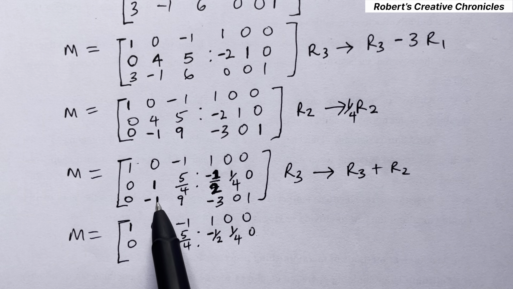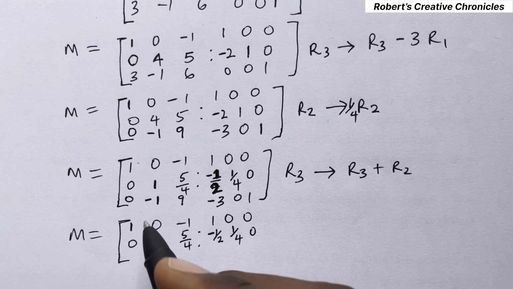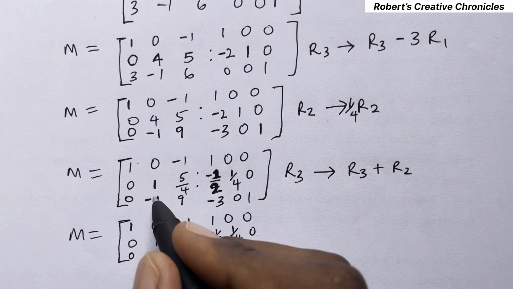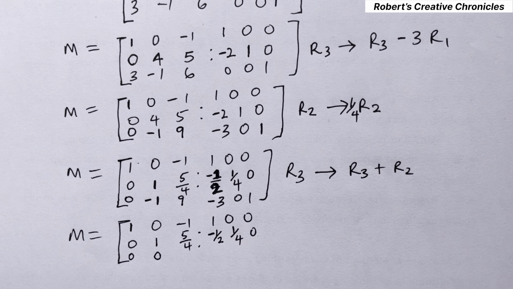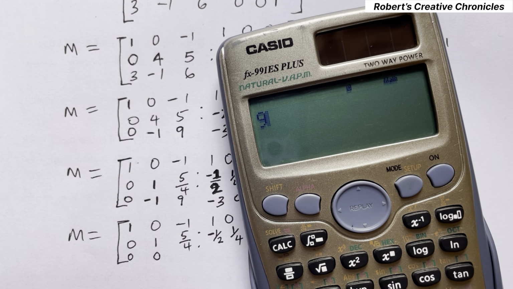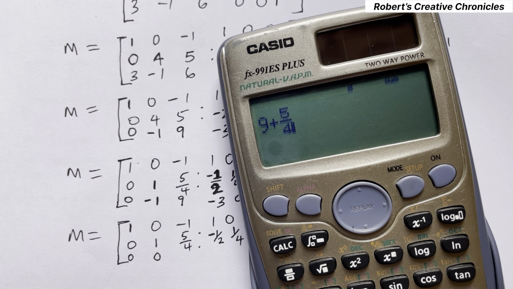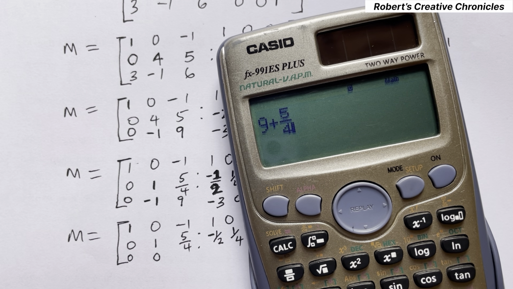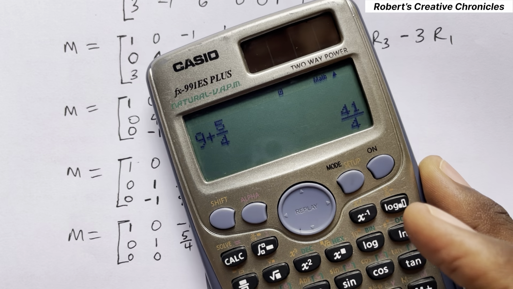So now row 3 plus row 2 is 0 plus 0, which is 0. Negative 1 plus 1 is 0. So 9 plus 5 over 4 is 41 over 4.